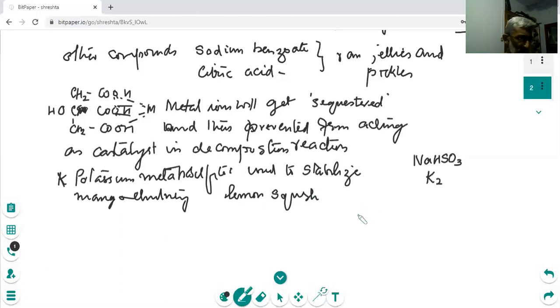Then the juice of colorless fruits, like apple.